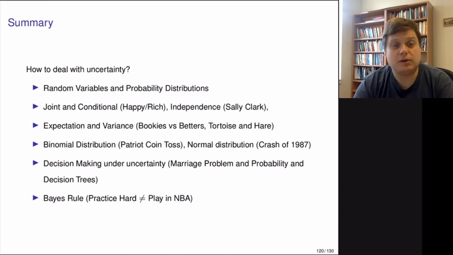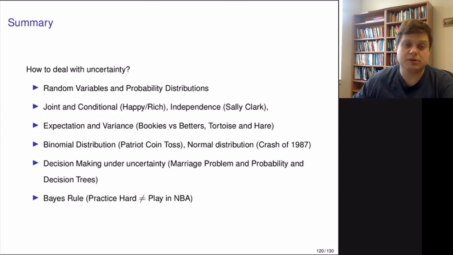And we talked about joint and conditional probabilities, independence. Remember example of Sally Clark, who was accused. We talked about expectations and variances. We talked about specific distribution families like binomial and Poisson and normal. And we also learned how to do decisions under uncertainty using the expected cost calculations. And we saw quite a few examples of Bayes' rule.